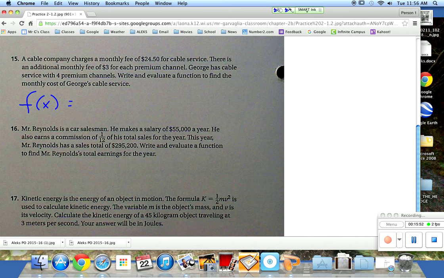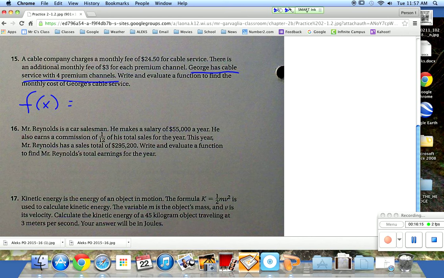How many channels? We're going to find out how much George pays with 4 premium channels. But we're going to set up an equation for the cable company. This cable company wants an equation, so if somebody selects that cable service with their premium channels, they can plug this in and come up with a value.